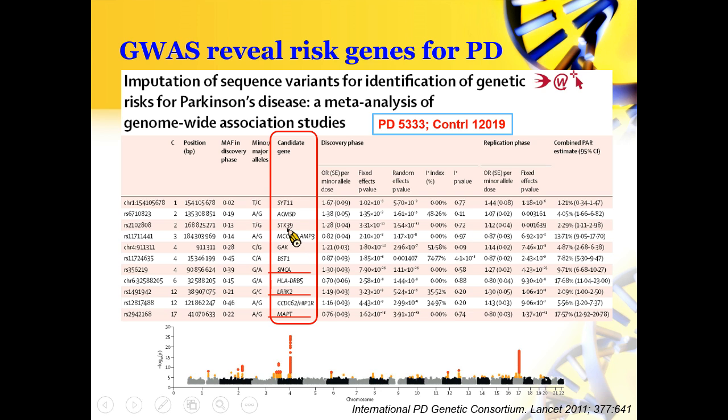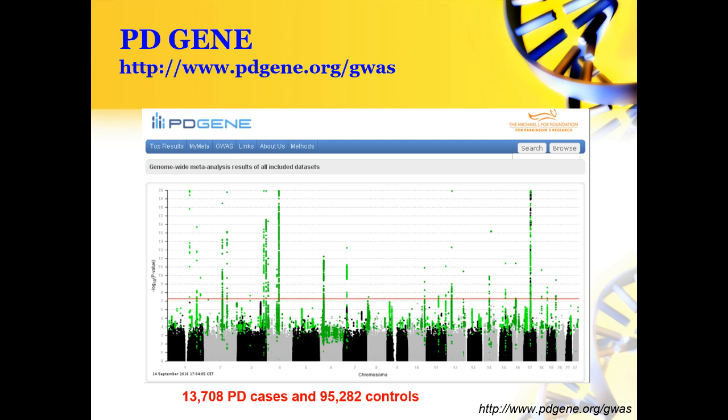Interestingly, SNCA and LRRK2 are also found in high association with sporadic PD patients. This is a website posting the PD-related genes.